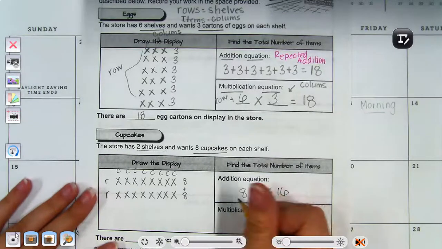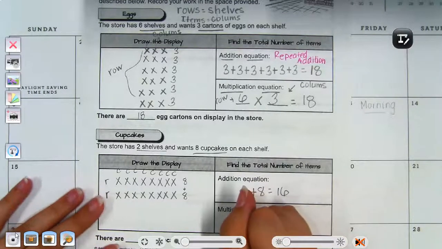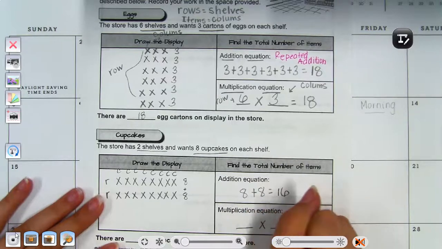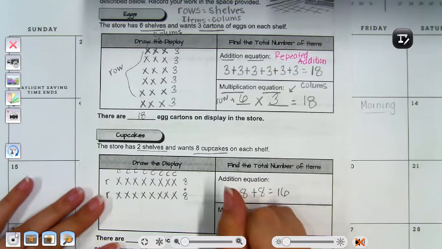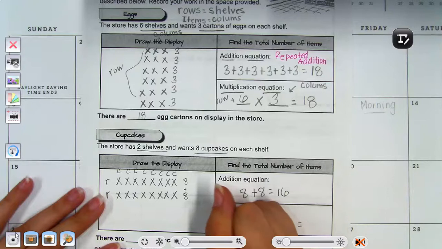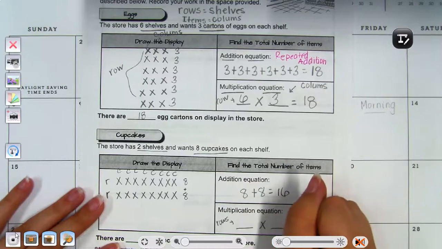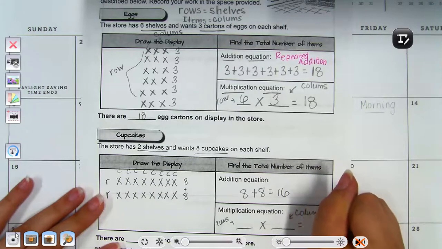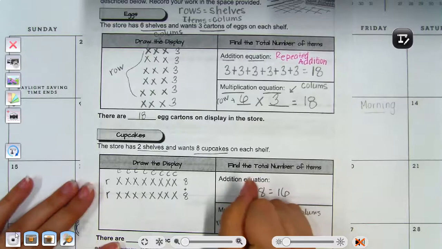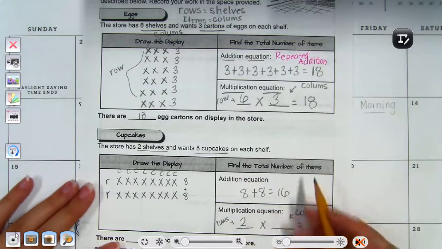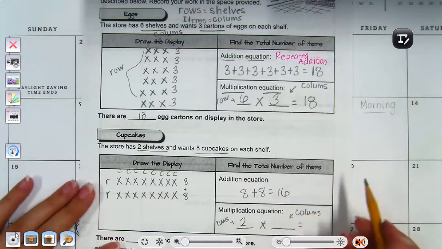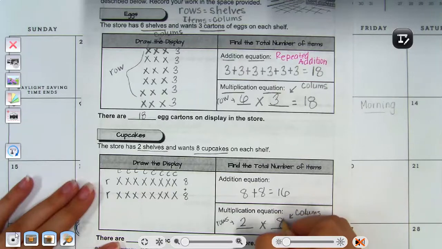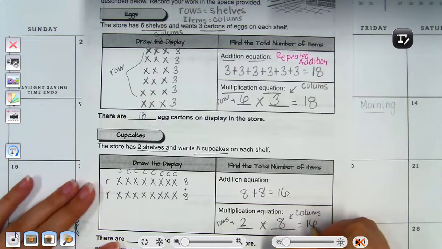So my multiplication would be, remember this is rows. This number tells me the columns. So I have 2 rows of, this means of 8, which would be 16.